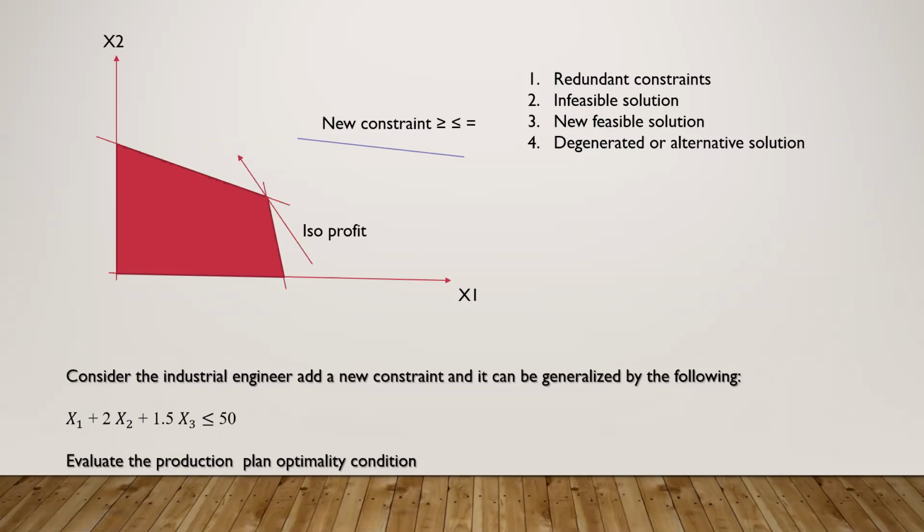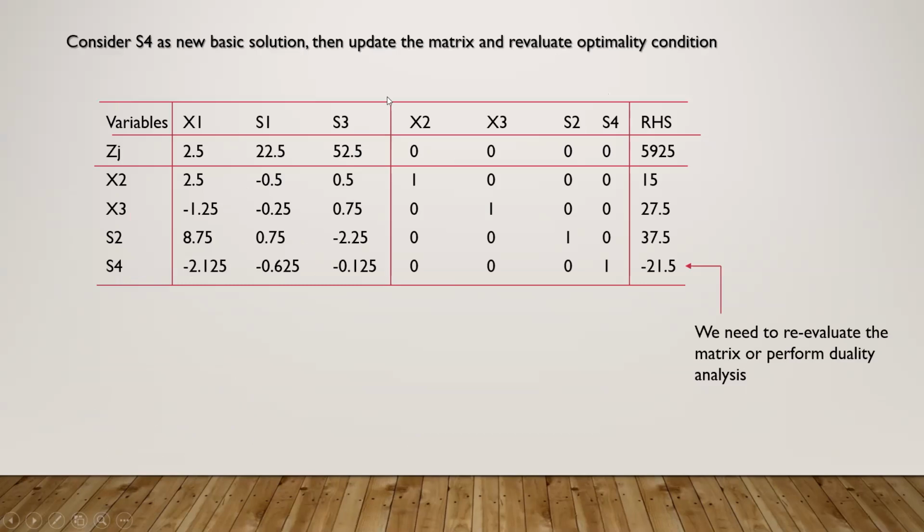Will your range of optimality remain after adding this constraint or not? The difference between adding a new constraint and the other cases is that you will consider the new one within the optimal solution, so within the basis. So here, for example, when you reformulate it, this is going to be plus S4, and you will consider S4 as a basic variable. Here you update your matrix, and you consider S4 as a new basic variable.